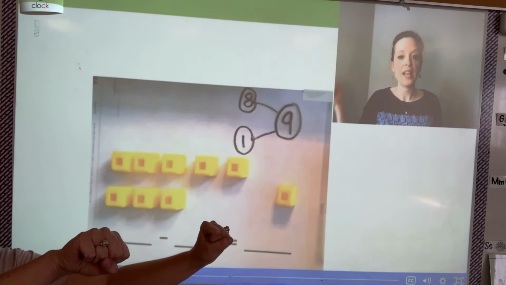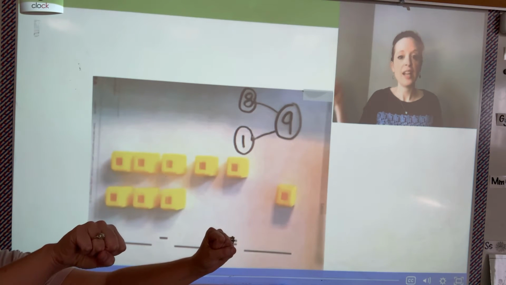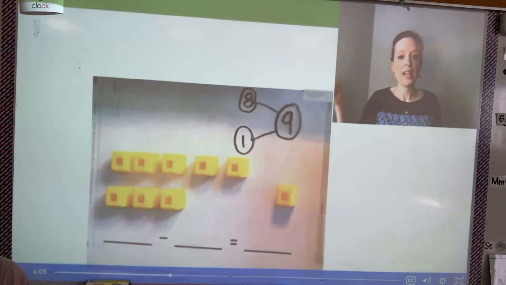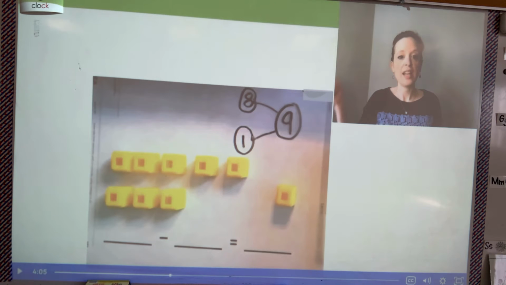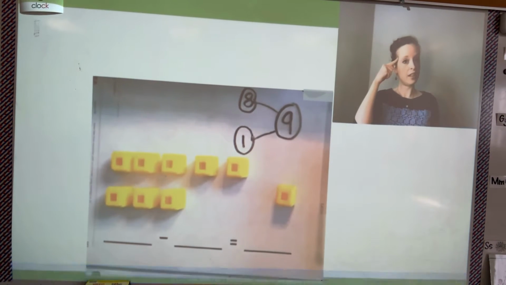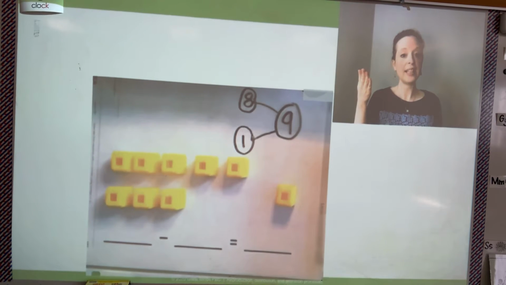It looks like most of my friends say that we took some away. Can you say how many we took away? Awesome. One was taken away. Let's see what Miss Emily says. Think. Say it. That's right, we took some bears away.